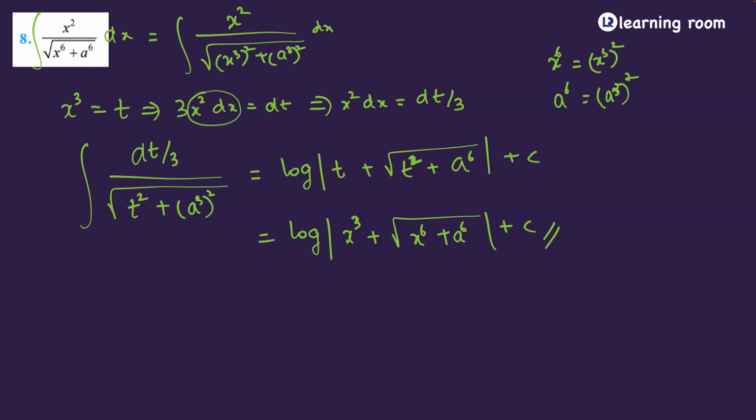Is the point clear? Yeah. So it is dt by 3, right? So you have 1 by 3 here and you have a 1 by 3 here. So answer should be 1 by 3 times log of x cube plus root of x power 6 plus a power 6 plus c.